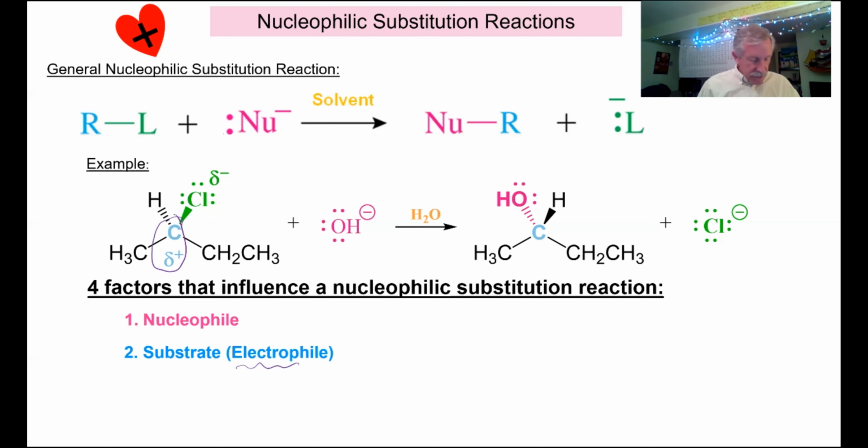Now, granted, the substrate usually refers to the whole molecule that has the electrophilic carbon or species on it, but this nucleophile is looking for an atom that is an electrophile or electron-loving species. And that's what this blue carbon is, because the chloride is sucking electron density away from it, and therefore the chloride is going to have to and want to and can't wait to leave.